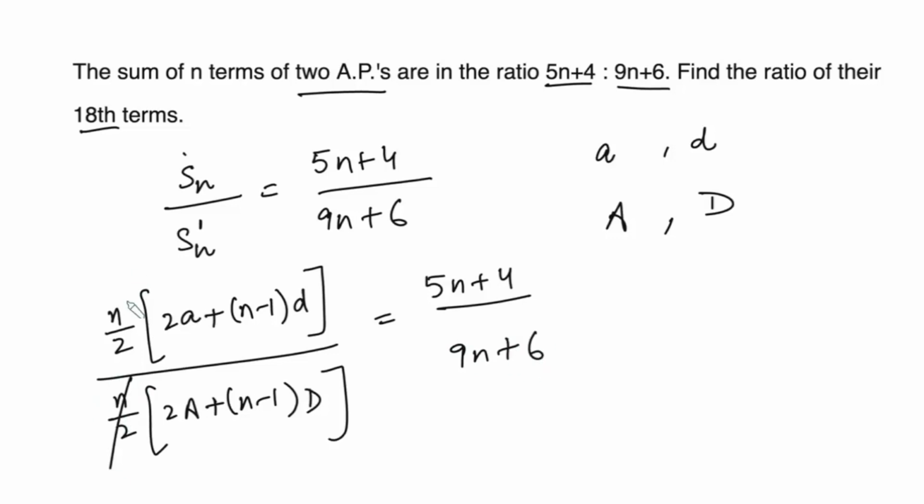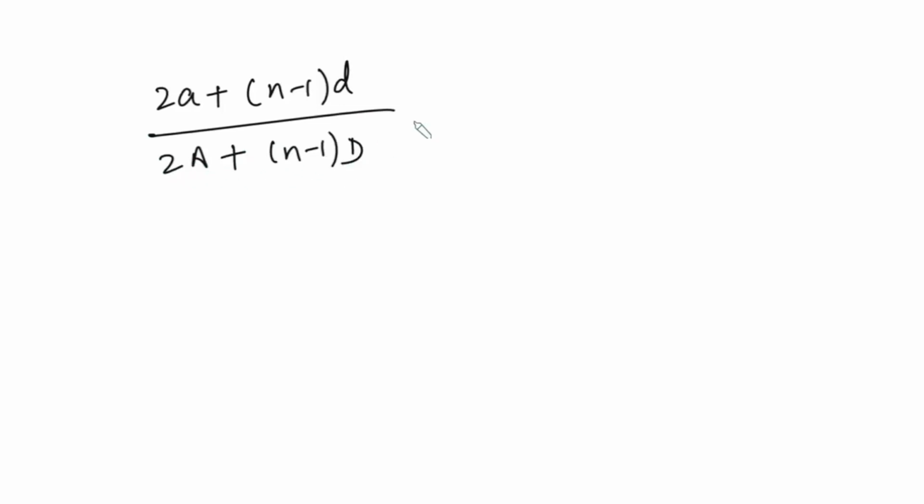We can cancel out n over 2 on the left hand side. So we are left with 2a plus (n minus 1) times d over 2A plus (n minus 1) times D, equal to 5n plus 4 over 9n plus 6.